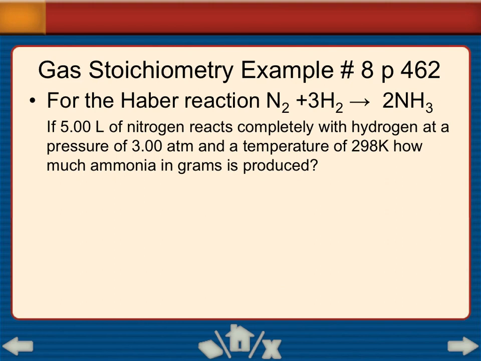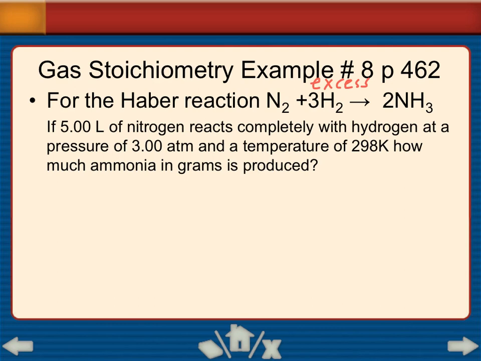Now, one of the first examples we'll look at is on page 462 of your textbook, example number 8. We are looking at the Haber process, whereby nitrogen and hydrogen gases are reacted to produce ammonia. In this case, we are going to assume that hydrogen is in excess, and we will look at the conditions under which the reaction is going to take place.